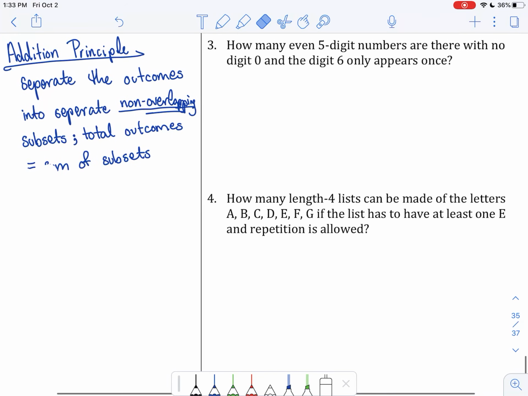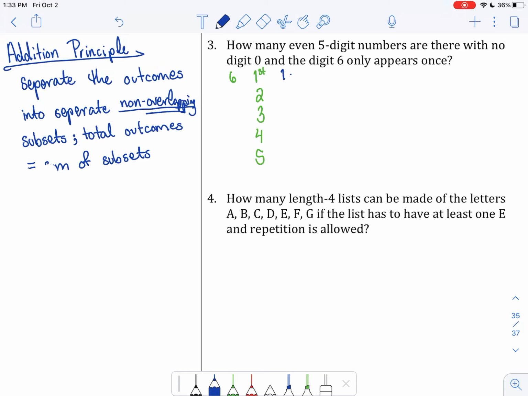So in this case, the ones I am going to consider are going to be where 6 is in the first spot, the second, the third, the fourth, and the fifth. And this is just going to make it a lot easier to think about these critically because these outcomes aren't quite the same. So if it's in the first spot, the first digit has 1 outcome. It has to be a 6.